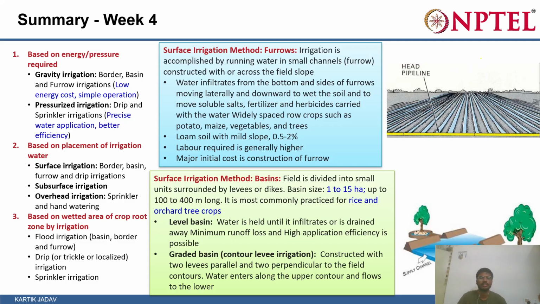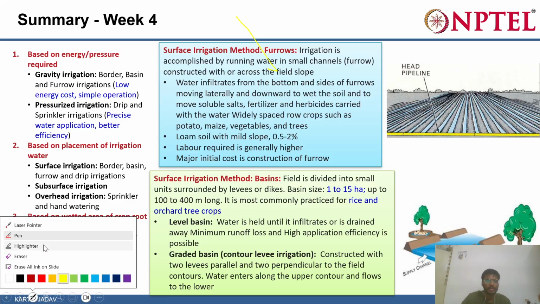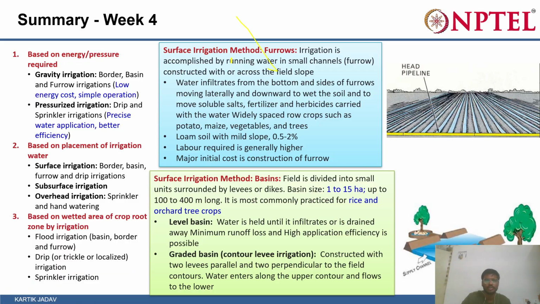At the start of this lecture, we focused on surface irrigation methods, most commonly furrow, basin, and border irrigation. Each of them has different criteria, depending on which kind of crop you have.